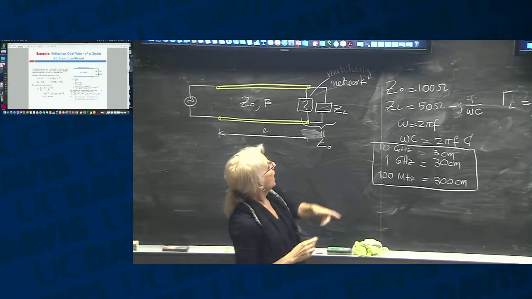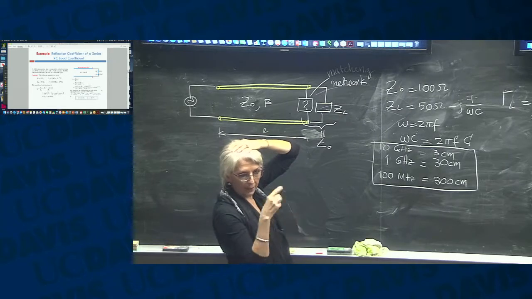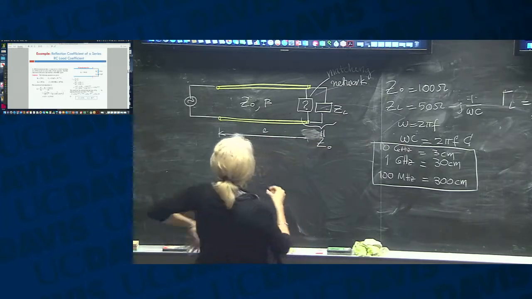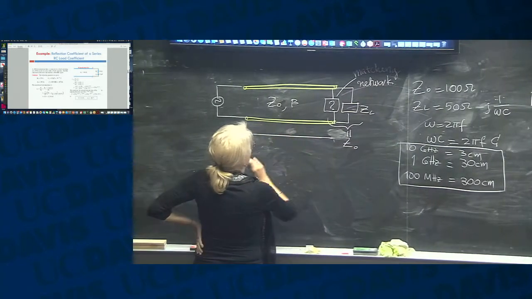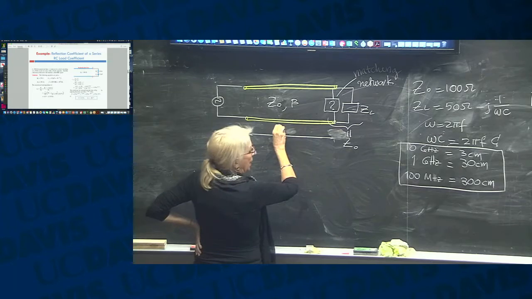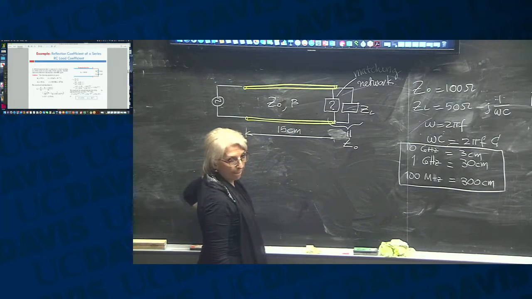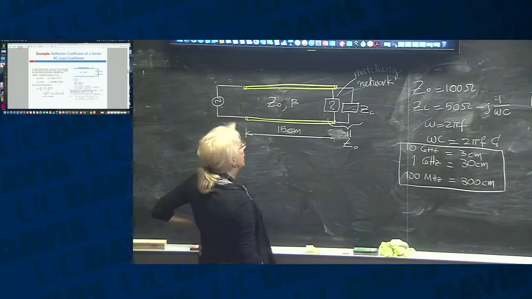If I know that, and if I know the length of the line, so I'm adding now, okay? The length of this line, I want to make it, let me see, 15 centimeters. That's the length of my line.